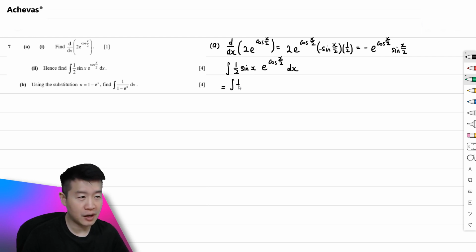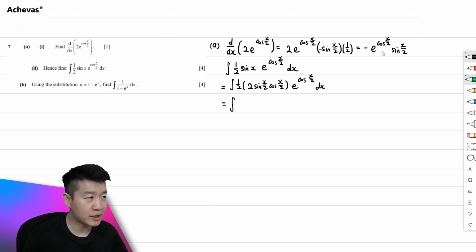So that will be half of 2 sine x over 2 cosine x over 2 e to the power of cosine x over 2 dx, and the 2 and 2 can be cancelled. And I'm going to regroup them so that I can have e to the power of cosine x over 2 together with sine of x over 2. And then we have this cosine of x over 2 dx.